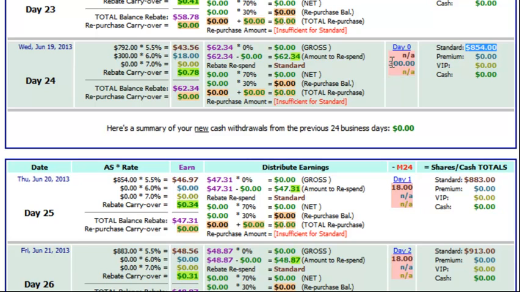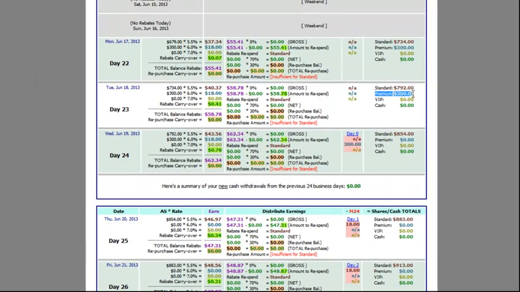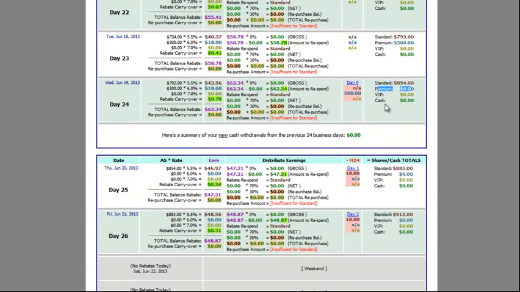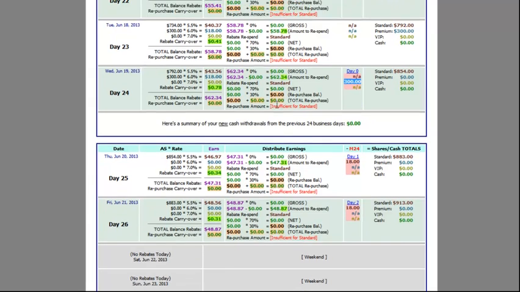Unfortunately, we have to subtract that 300 from day zero. Remember, day zero is today. So 24 days later, we subtract 300, and now there's no longer a running balance in our premium total. That's okay. We earned pretty well, but now this has been retired. This has matured. So day 24, it matures.